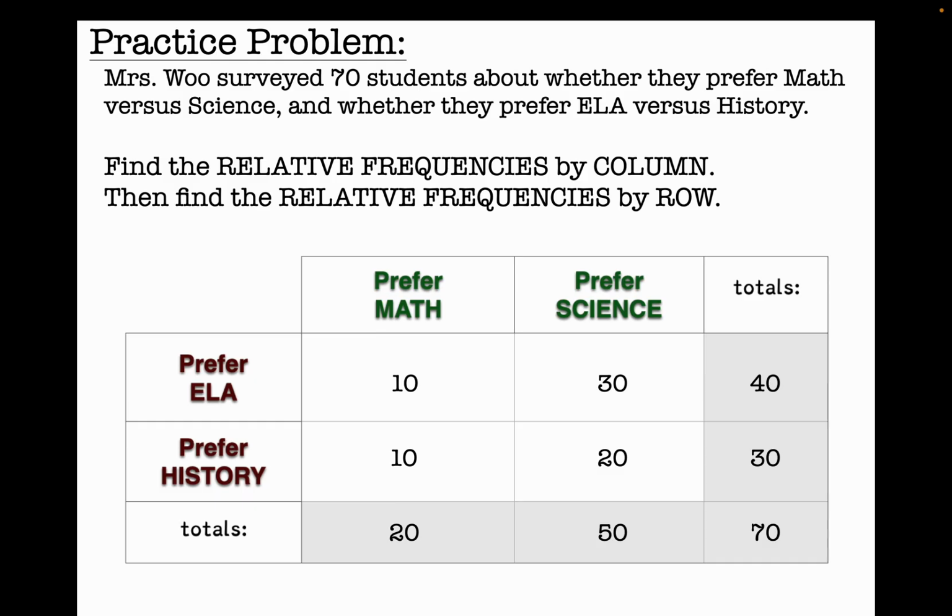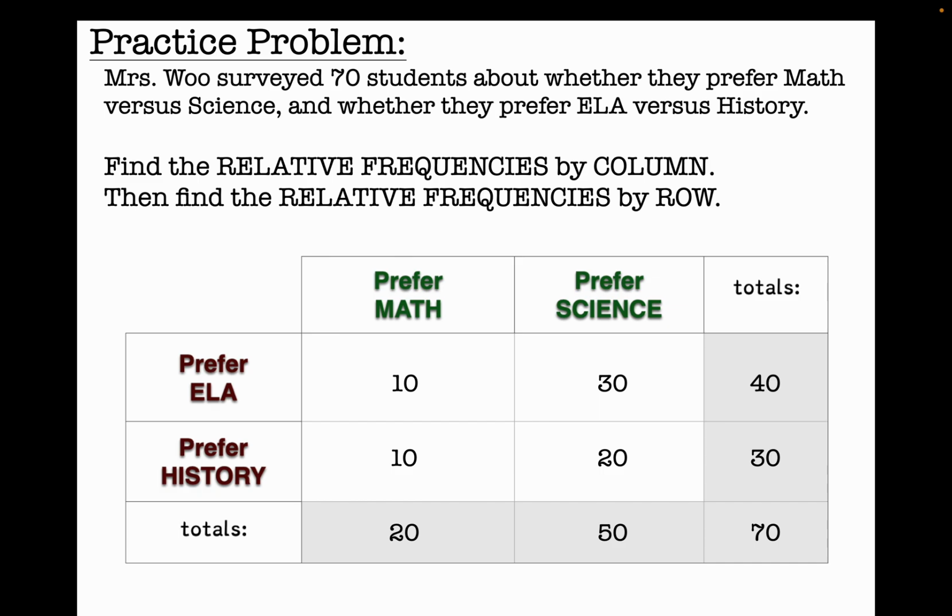All right, your turn. In your video notes, in your packet, take this two-way table, which you should recognize from the last video. The 2 variables are, do you like math or do you like science? Or ELA versus history. And find the relative frequencies by column, then find the relative frequencies by row.